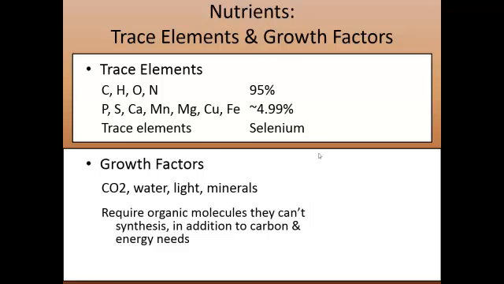Others require organic molecules that they can't synthesize in addition to their carbon and their energy needs. So what are some examples of these organic molecules? Some of these are called vitamins. Humans need vitamins. They are growth factors. They are oftentimes cofactors that we can't make ourselves. So we have to get them in our diet.